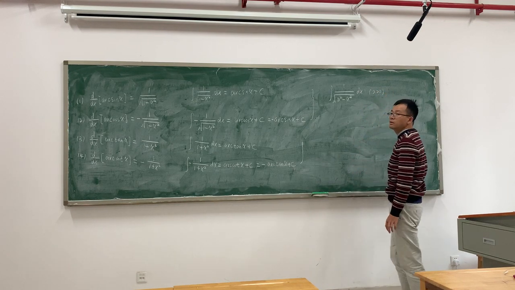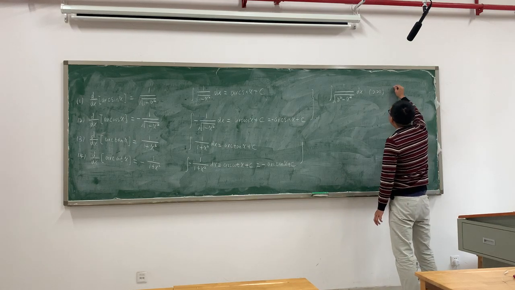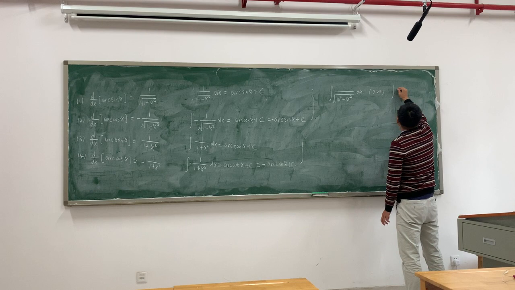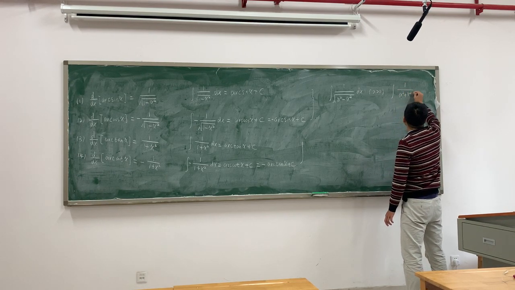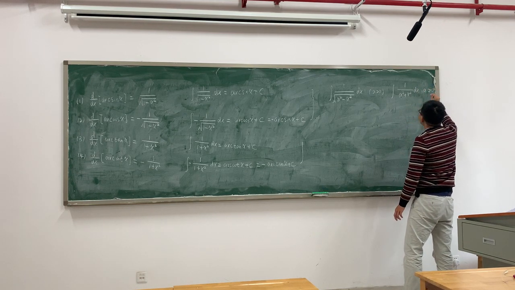This is the first one. The second one is find the antiderivative of 1 by a squared plus x squared dx, where a is greater than 0.